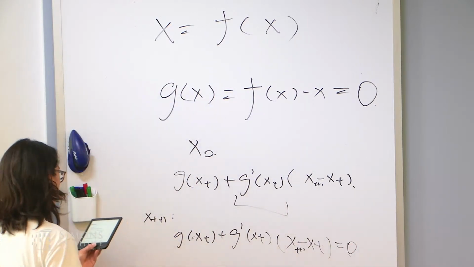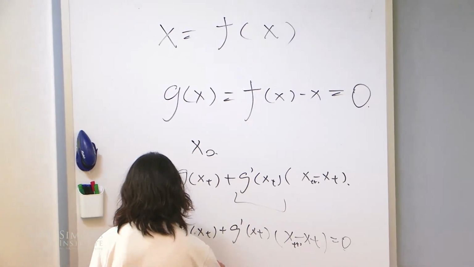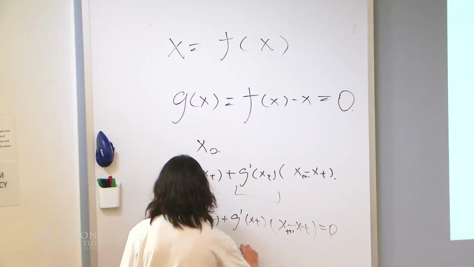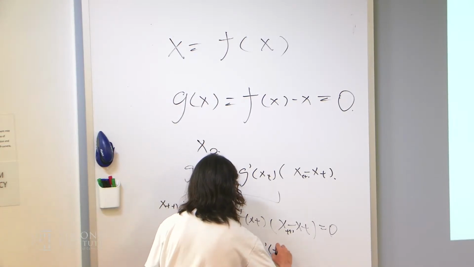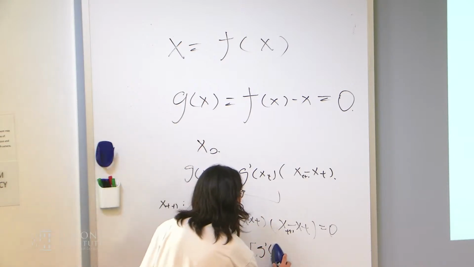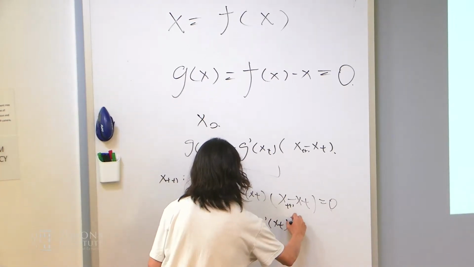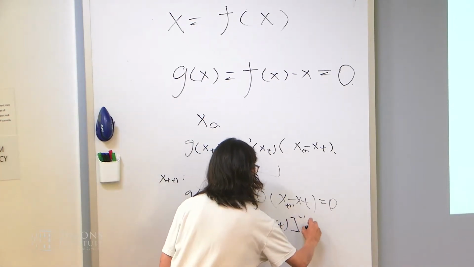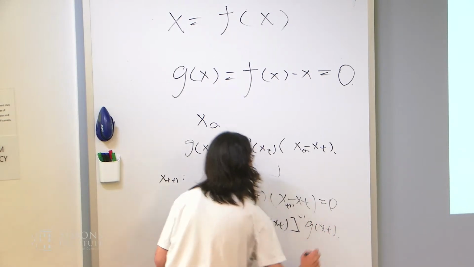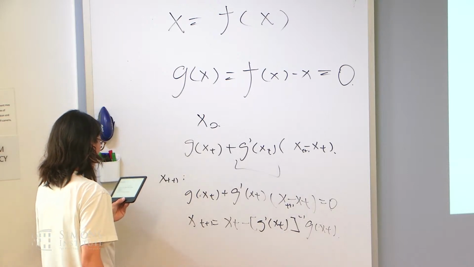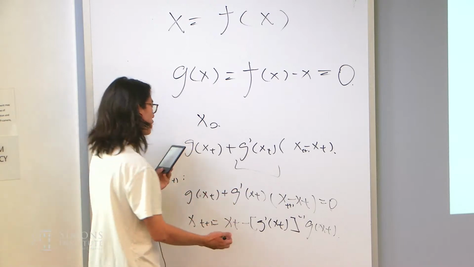If we rearrange it a little bit, we get the update rule. So this is Newton's method over real numbers, which works fine.